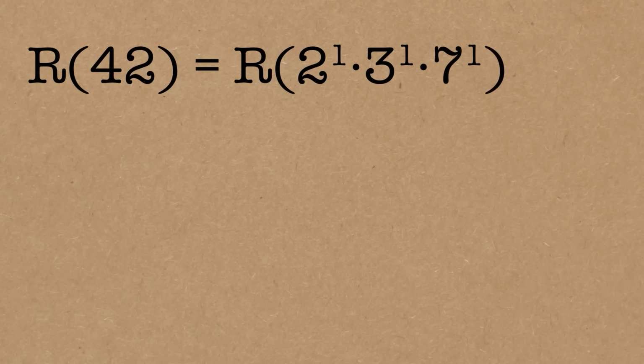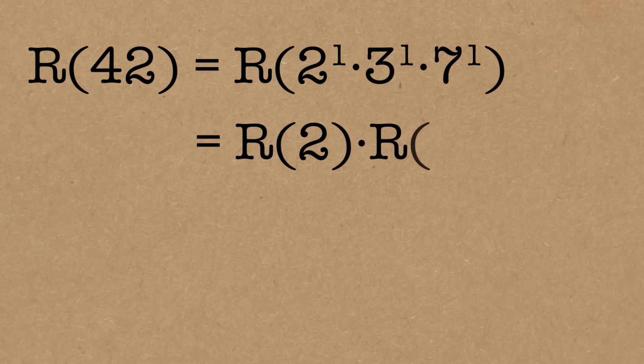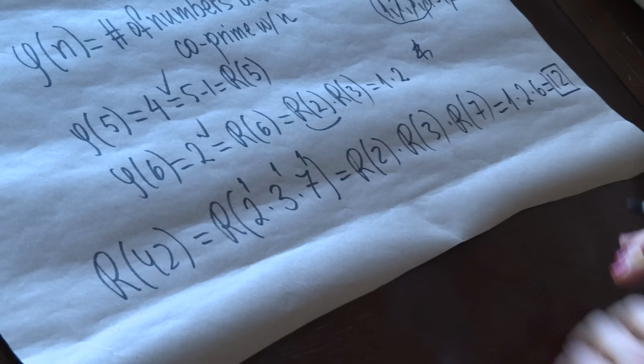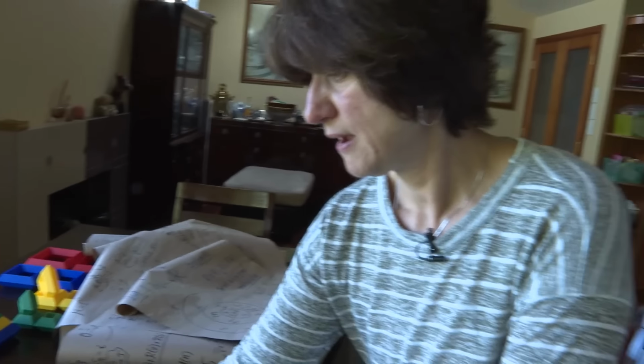Let's do it two different ways because I know that the Raffle function is multiplicative. I can split it into a product of its values on those. These are primes. So I just lower them down by 1. 1, 2, 6, so it looks like it's 12. So there are 12 tickets with number 42 written on it.